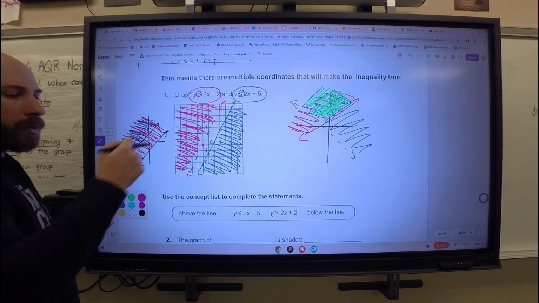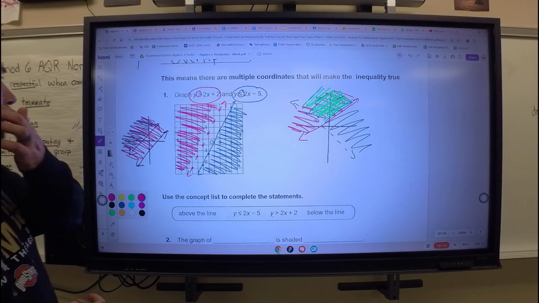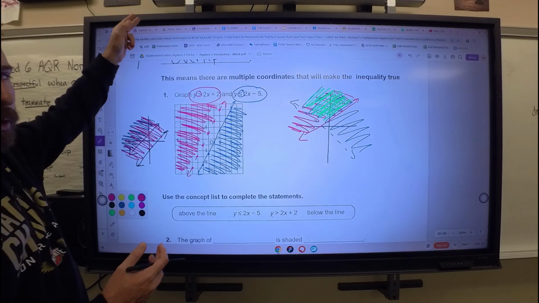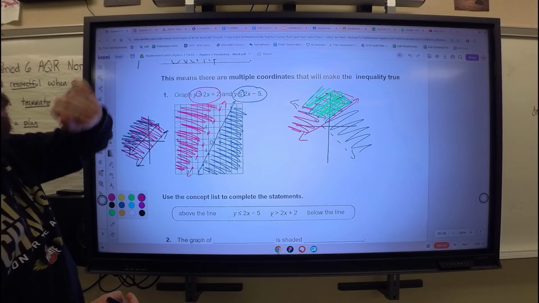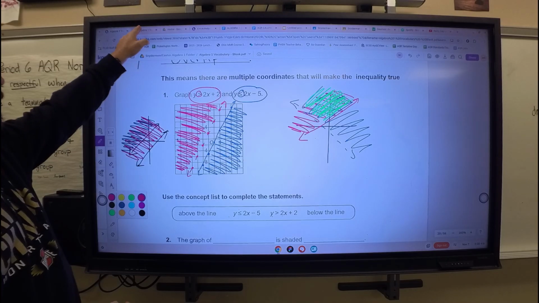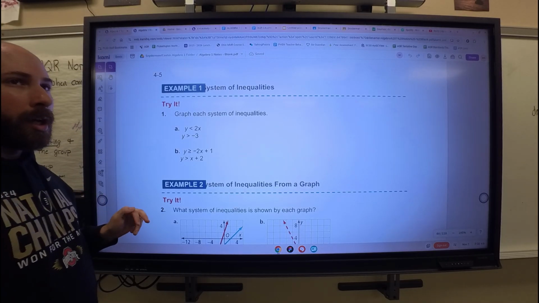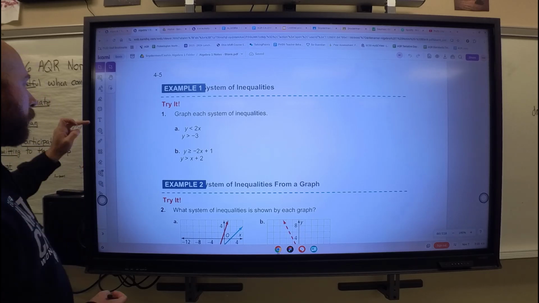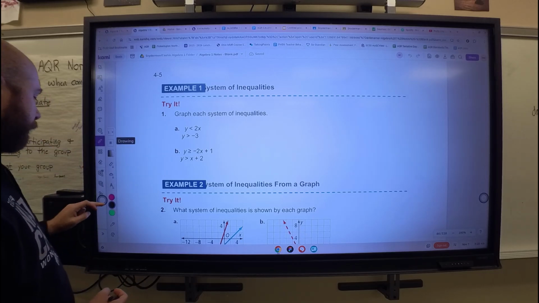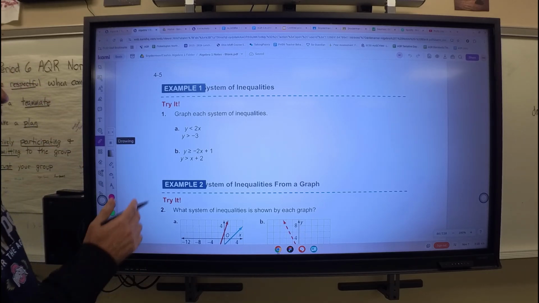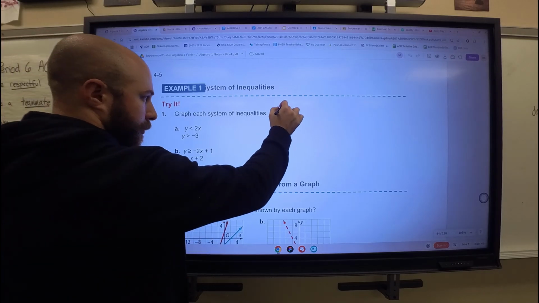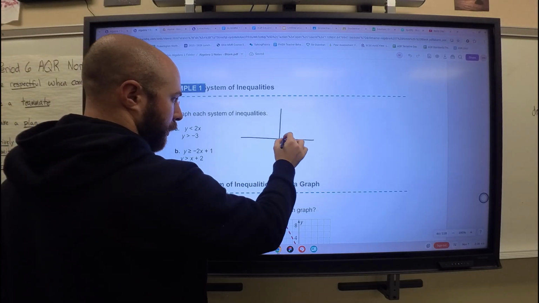All right, so this is what we're going to be looking at today. We're only going to do a couple of problems with this, and then we're going to take a look at Desmos along with this. So if we take a look in our book, I believe we are on page 94, either 94 or 96, in section 4.5. We're going to graph these inequalities. So I'm going to make my grid on here.